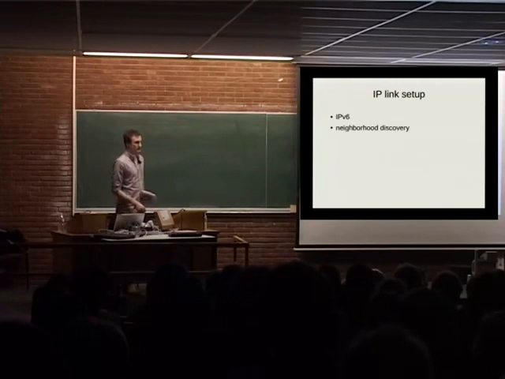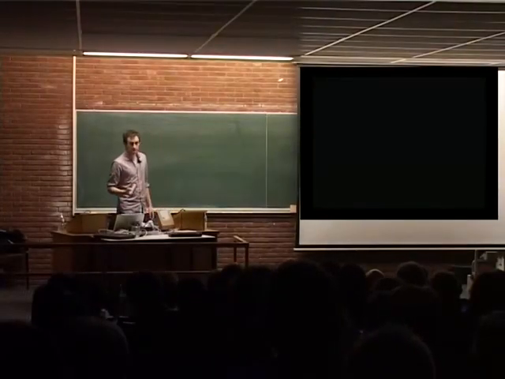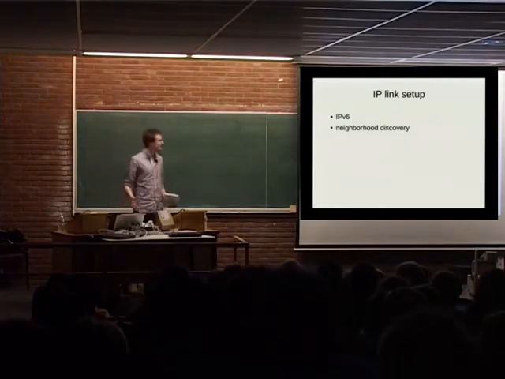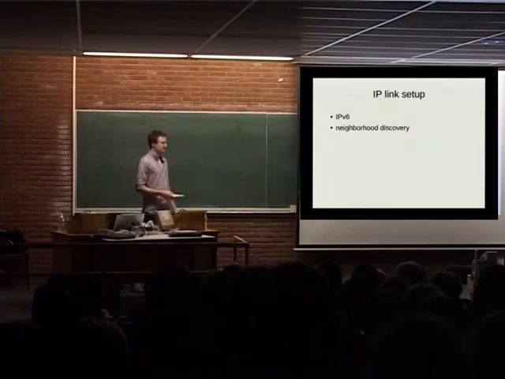Once you get your Wi-Fi connection, you can create an IP link, and we have just two devices. What we could do is just IPv6. You do network discovery.